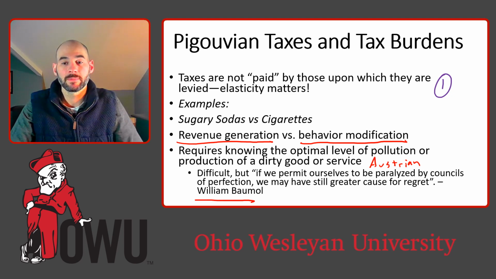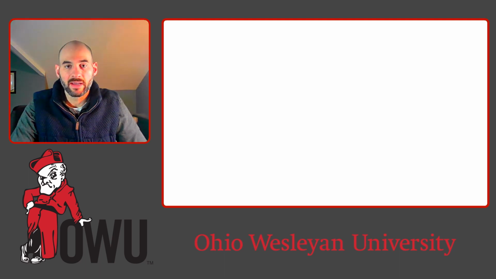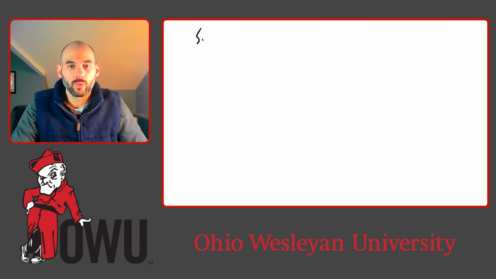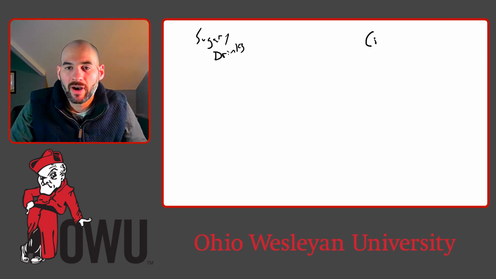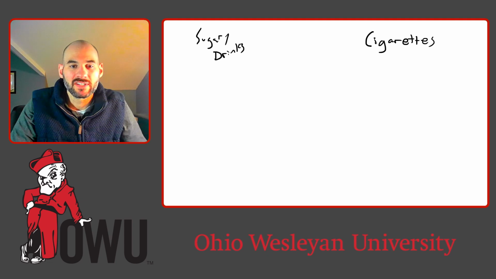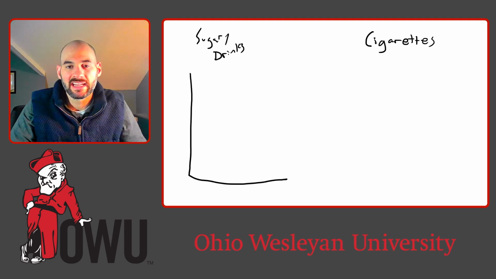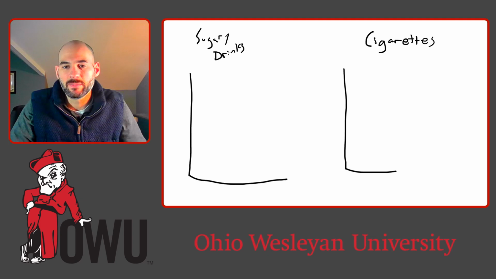Okay, so let's say that we have two markets, one for sugary drinks and one for cigarettes. Market for sugary drinks, market for cigarettes. We're going to have a supply and demand graph in each market.